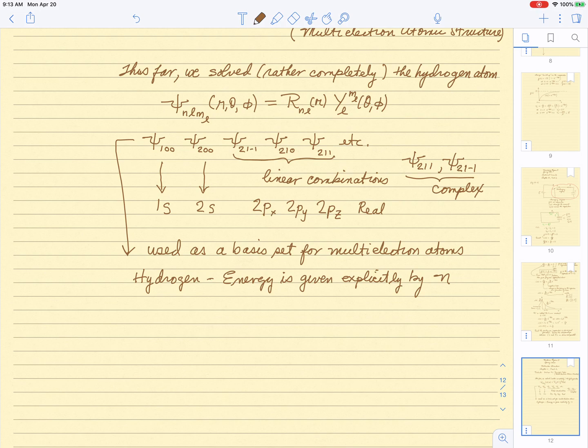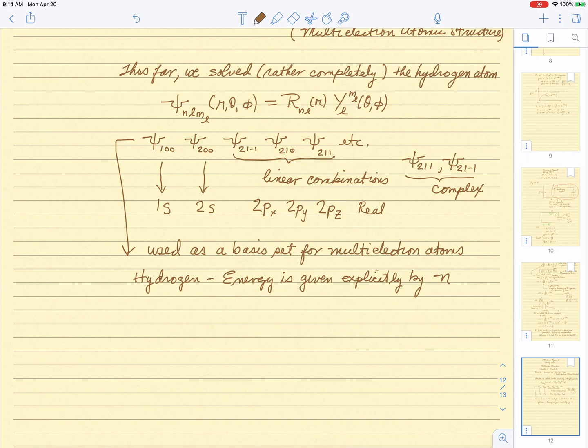Now, when we move into multi-electron systems, this is modified a bit, because we have a multitude of other interactions taking place. For example, the electron repulsion term.